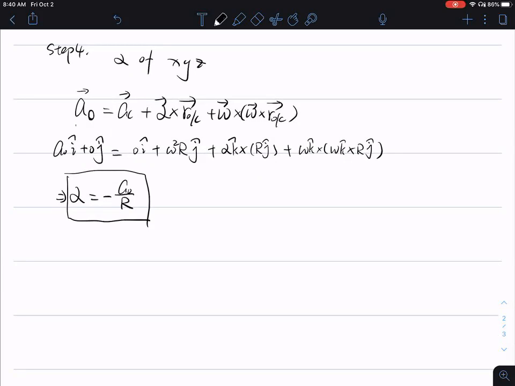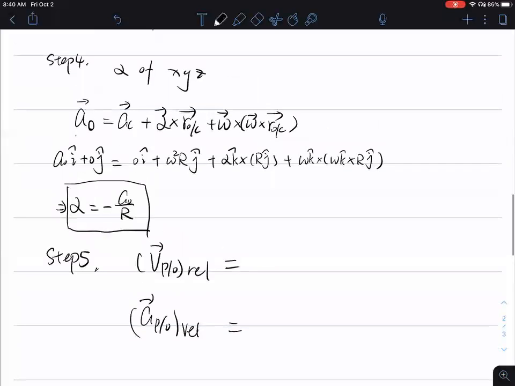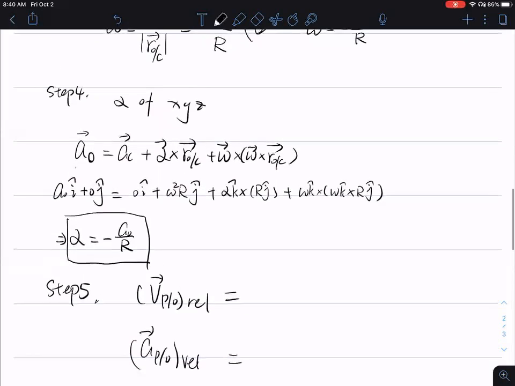No questions. We can jump to step 5. What is step 5? In step 5, we want to find A_P/O relative, and v_P/O relative. So what is the relative velocity of point P with respect to point O?